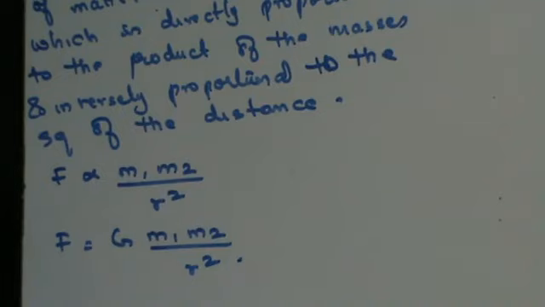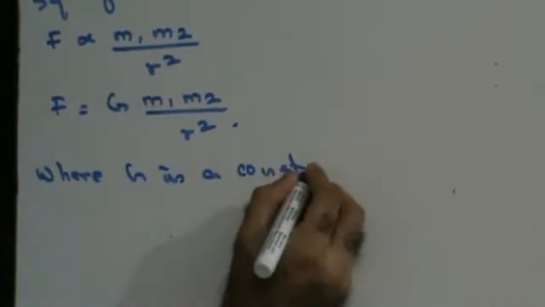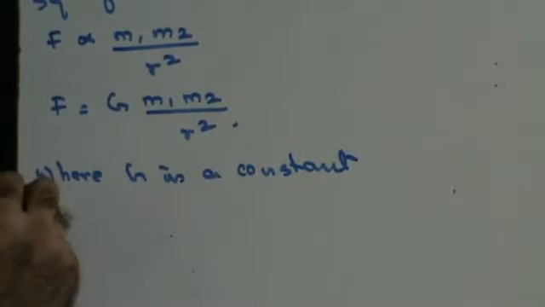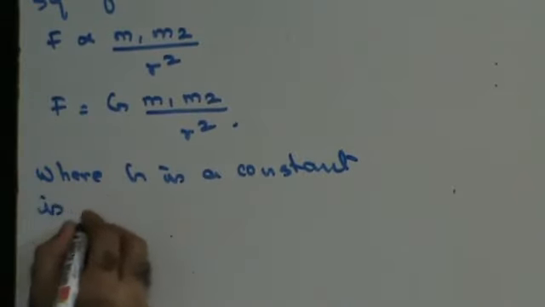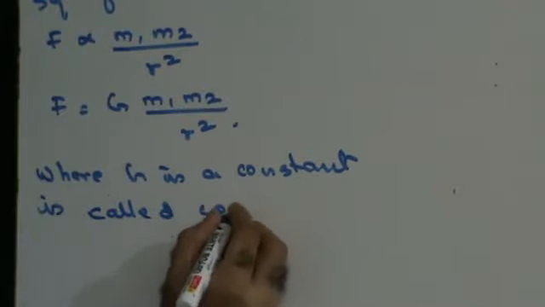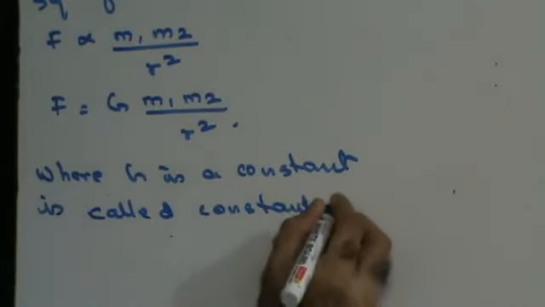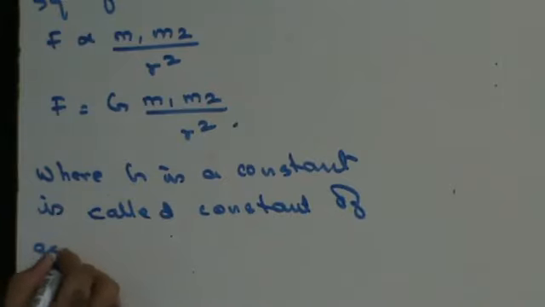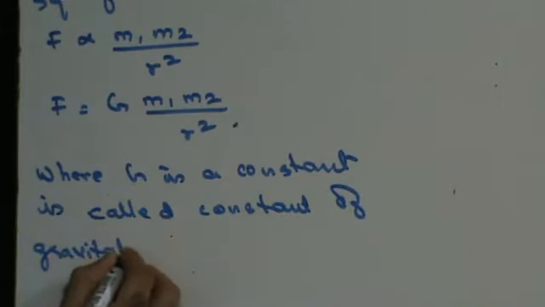Now, G is a constant and is called the constant of gravitation. Fine, do we get this thing here?